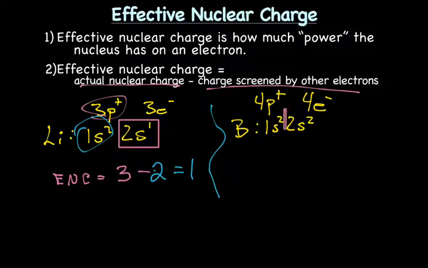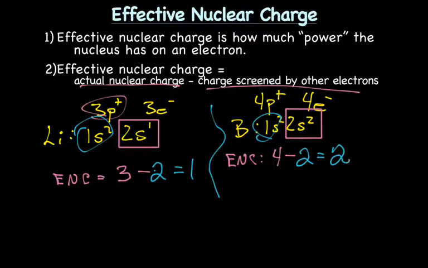If we're interested in one of those valence electrons, its effective nuclear charge would be 4 minus the inner core electrons, which is 2. So now the effective nuclear charge is 2. Even though we added both an electron and a proton moving across a period, we did not change energy levels. There are no extra electrons between the outer electron and the nucleus, so the effective nuclear charge goes up.